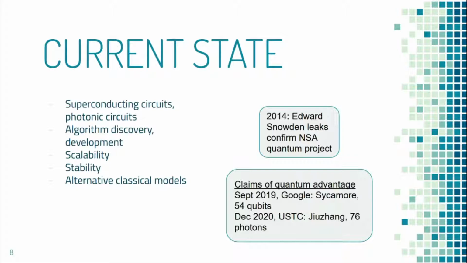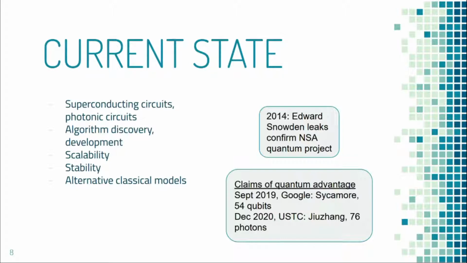Quantum advantage basically claims that a quantum computer can do something in seconds that takes a classical computer billions of years. So it's kind of like the top tier of efficiency when it comes to quantum computing.